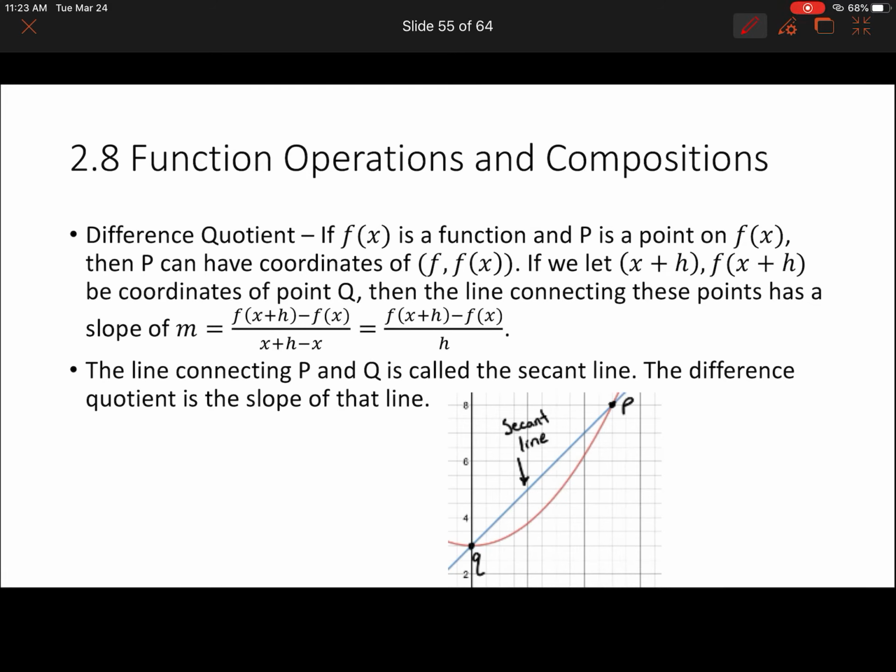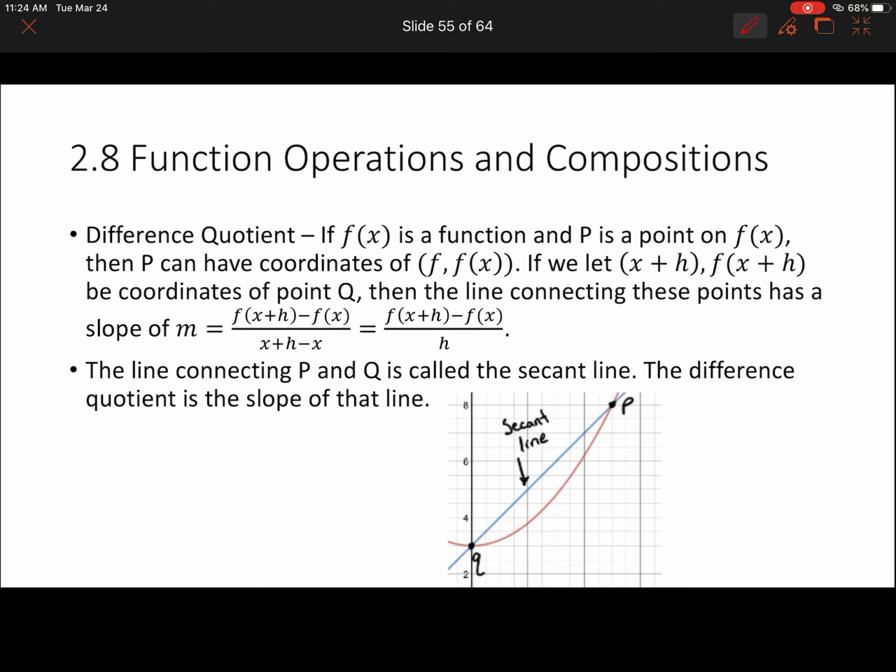And so in this diagram here at the bottom of the screen, you see this red graph, maybe a parabola shape, it could be other shapes as well. That graph you see goes through points P and Q. Well, the line that connects points P and Q is what we know as the secant line. Okay, and the difference quotient is how we're going to find the slope of that line, the steepness of that line.